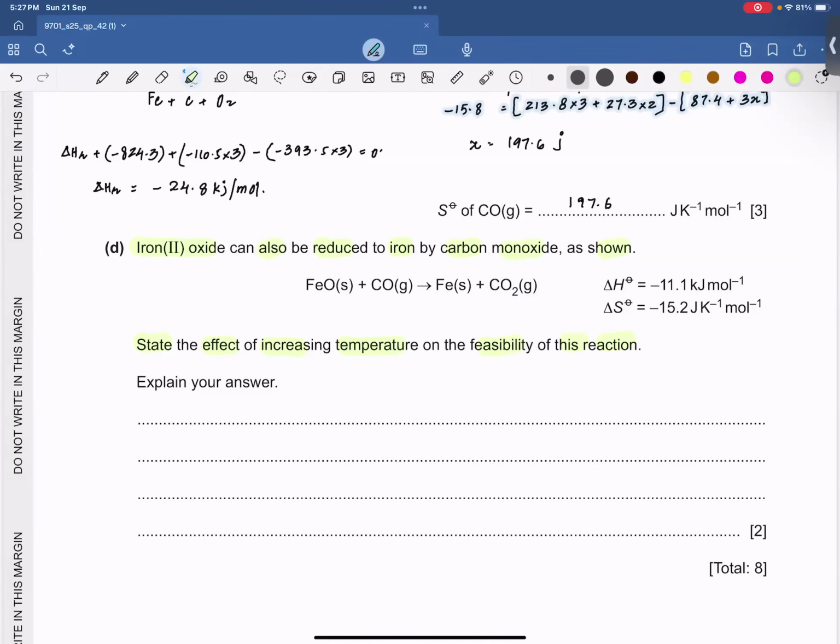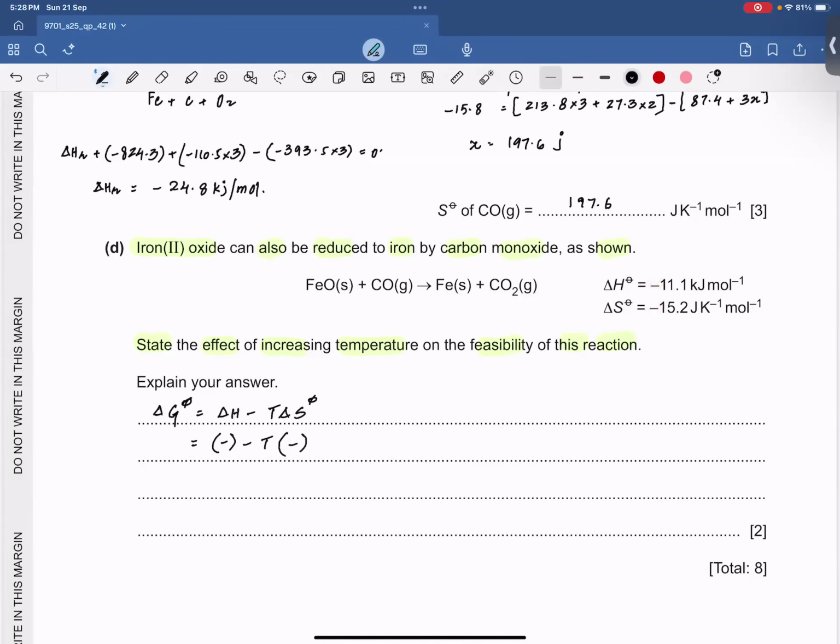So look at the data. Both enthalpy and entropy are positive. Let me show you what we have done in the class. This is delta G naught equals delta H minus T delta S naught. Now, according to the question, if the enthalpy change is negative, minus T will remain as it is, and the standard entropy is also negative. Look, this value is negative, this value is negative.